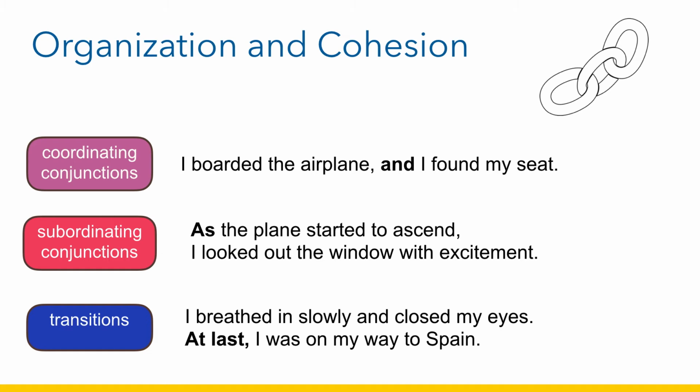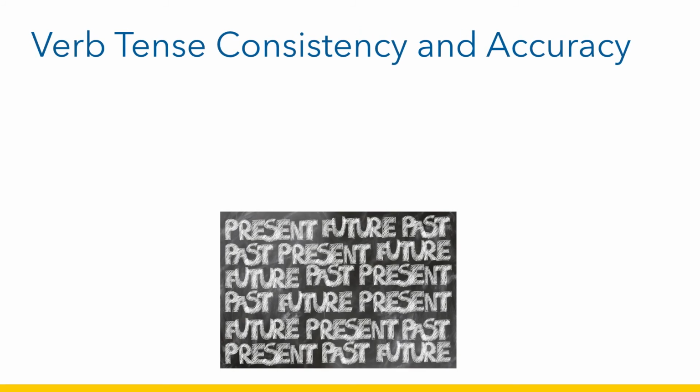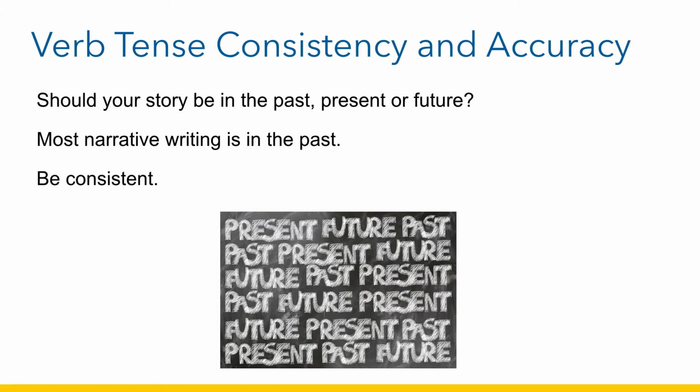Next, it's always a good idea to check your writing for verb tense consistency and accuracy. Should your story be in the past, present, or future? Well, that's really up to you. Most narrative writing is in the past, but it doesn't necessarily have to be. Just remember, be consistent.